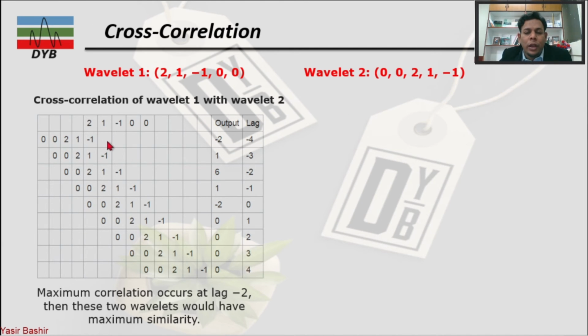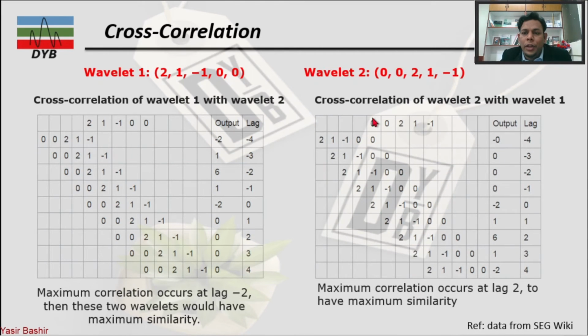Here you have to observe what the difference is if we correlate from 1 to 2 or 2 to 1. The output is similar, but you see there is a lag. The maximum correlation occurs at the -2 lag. Here the lag is 4, but here you see the lag is 0. The maximum correlation occurs at lag 2, giving the maximum similarity of the wavelet from 2 to 1.